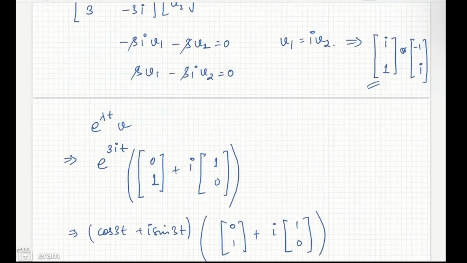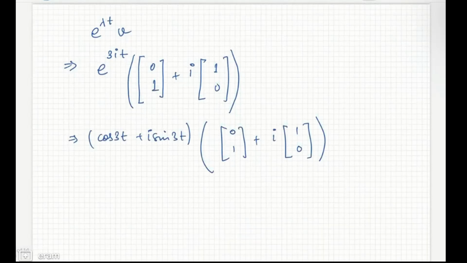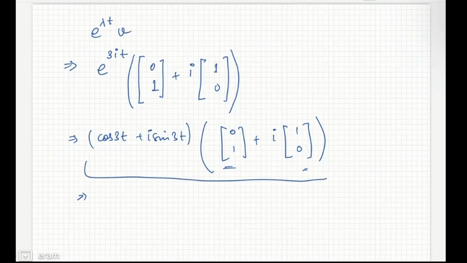So we have to calculate for the real one and then for the imaginary one.